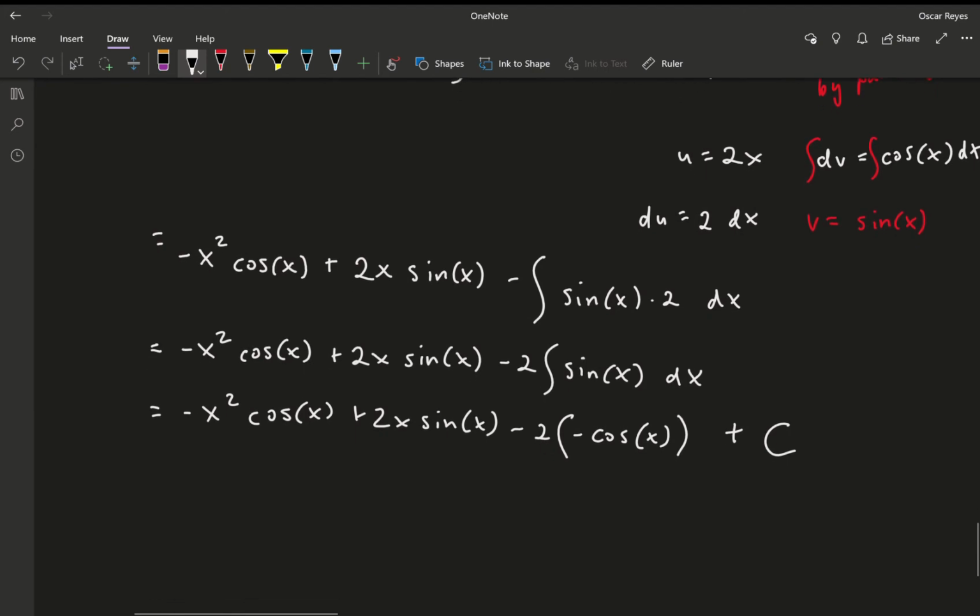So to wrap it all up, we're going to have negative x squared cosine of x plus 2x sine of x plus 2 cosine of x, minus c.